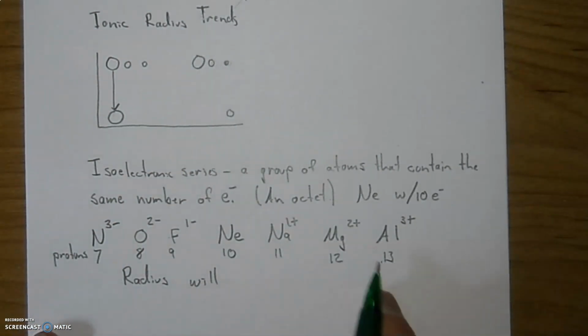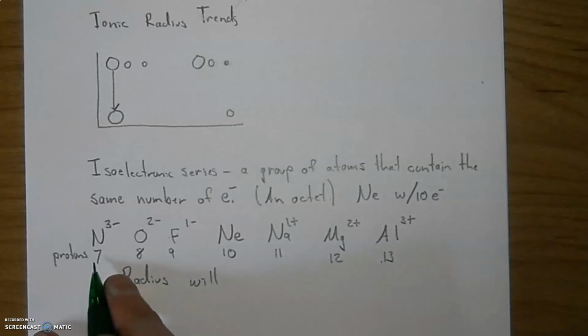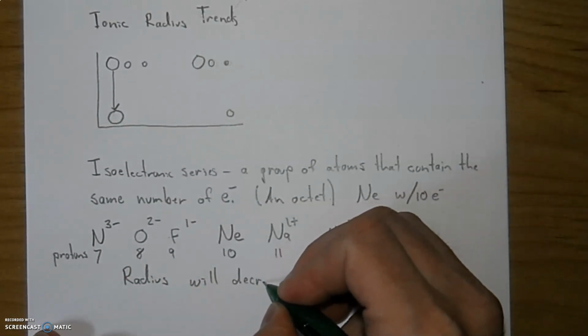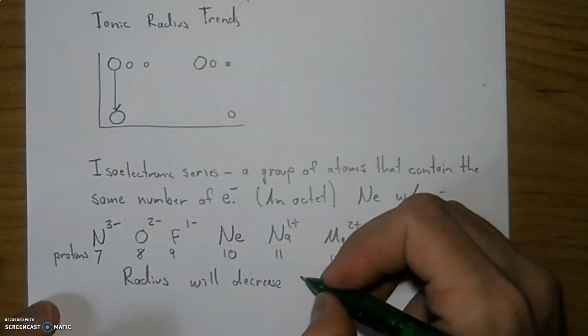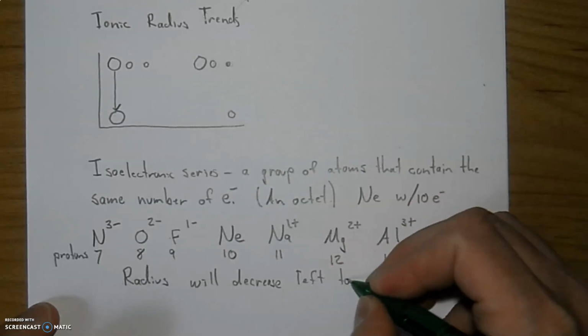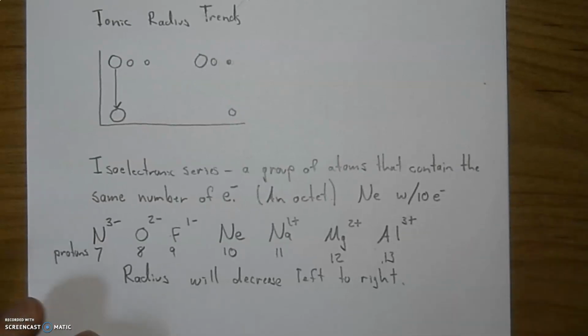They all have the same shell, the 8 electrons on the outside. Therefore, the radius is going to decrease as you move left to right across the periodic table, or in this isoelectronic series. All right, good place to end.